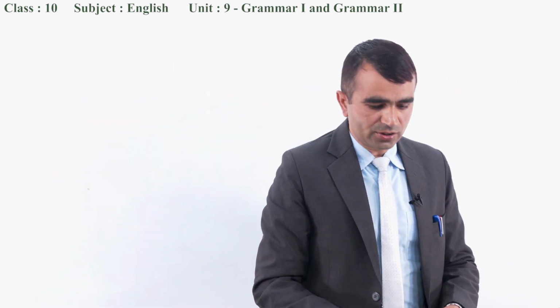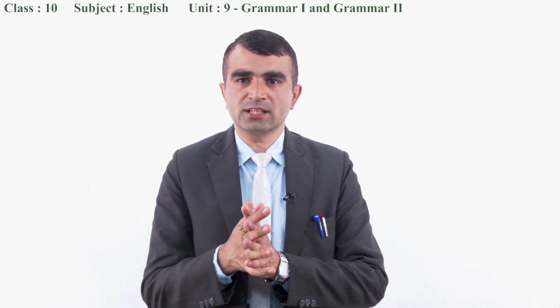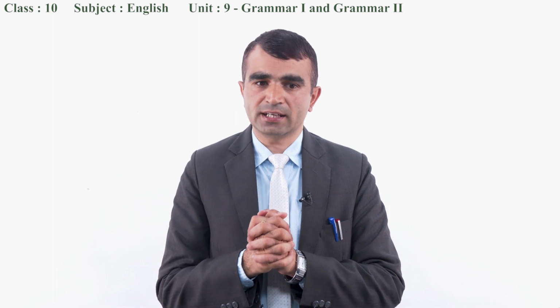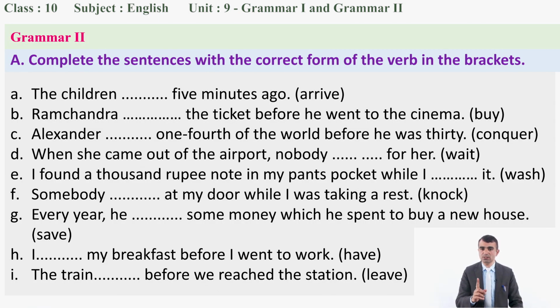Now come to the activity again. Grammar second, activity A, complete the sentences with the correct form of the verbs in brackets. Okay, the children 5 minutes ago. What do you use here? Past. Okay, let's do it individually.